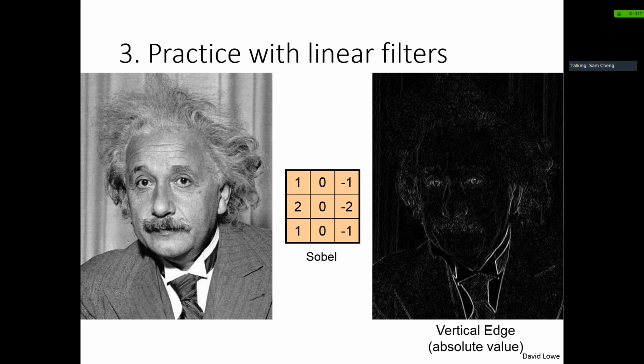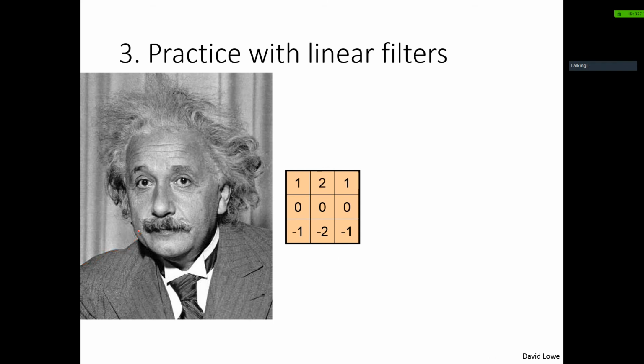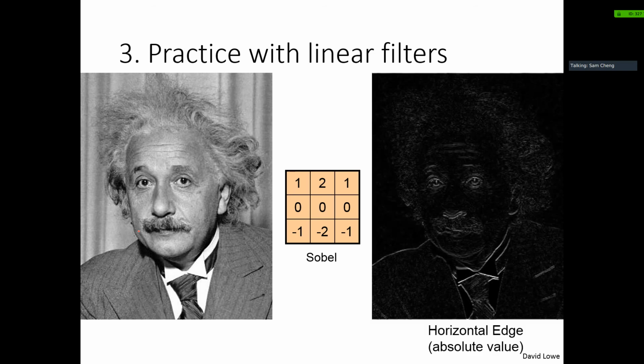For example, the edges here, it will miss. And of course this other one will be just the opposite. This will do a low pass horizontally, then a high pass vertically. So this time we catch all the horizontal edges and miss all the vertical edges.